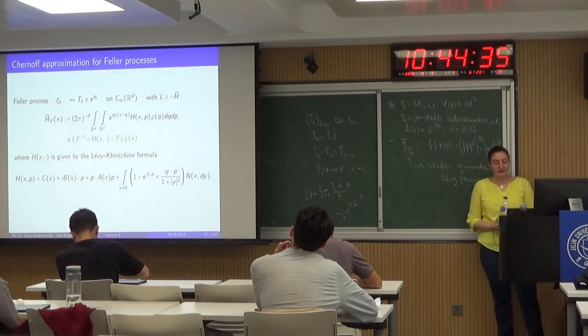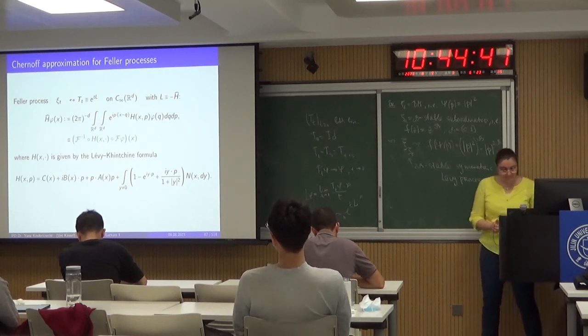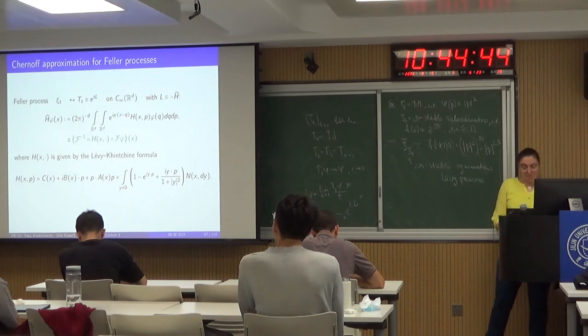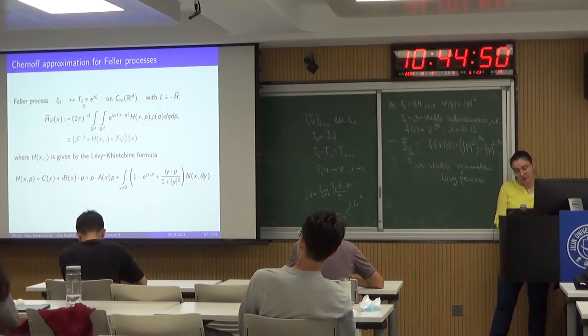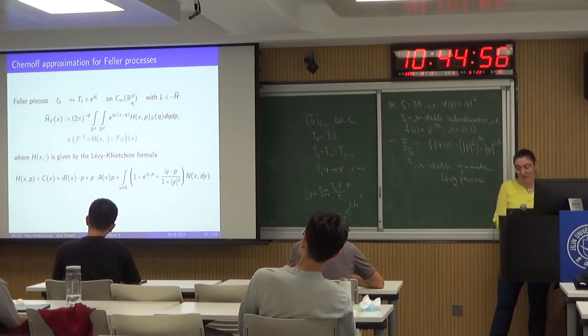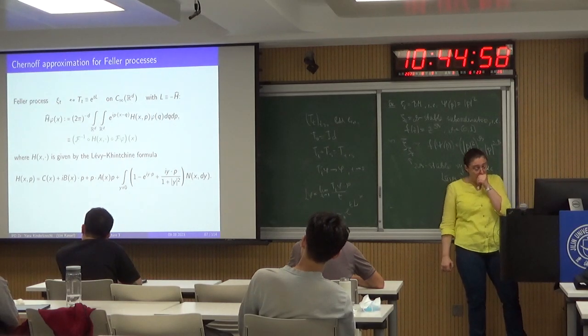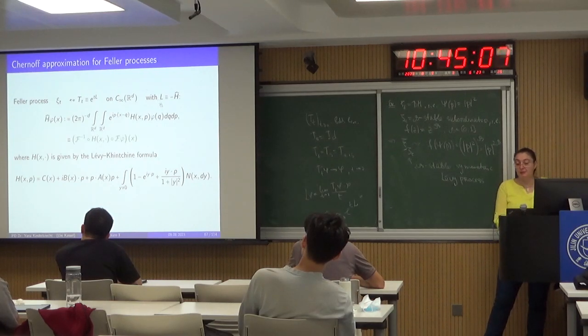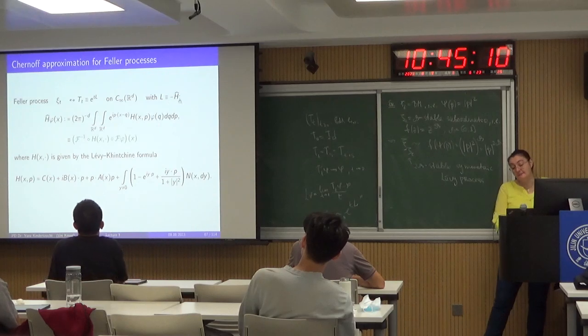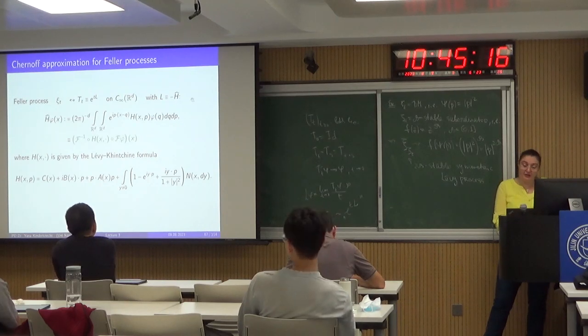I recall what we said yesterday. A Feller process corresponds to a semigroup, called a Feller semigroup, which is a strongly continuous semigroup on this Banach space, and whose generator is a pseudo-differential operator with symbol minus psi. Now instead of psi, I use h, because H is for Hamiltonian.